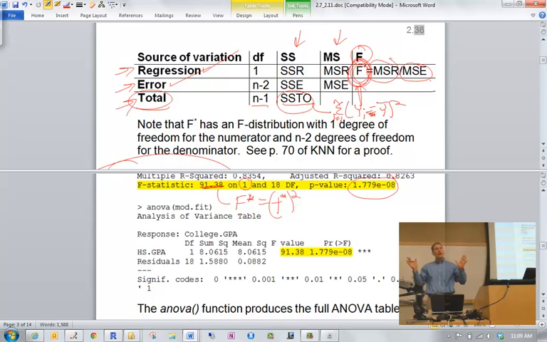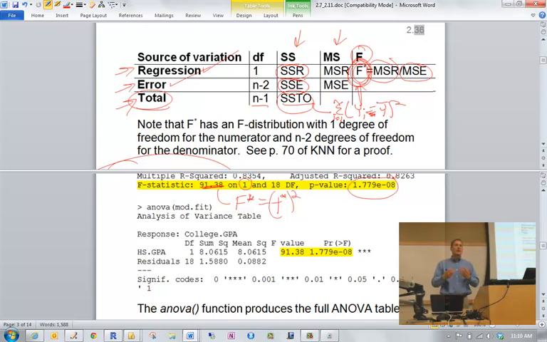And then what we did was we partitioned it into 2 different components resulting from regression. The sums of squares due to regression, SSR, meaning the part of SSTO that I can now account for from doing my regression model, if I add that to SSE, the sum of squared errors, the sums of squares that are left over from doing the regression, SSR plus SSE is equal to SSTO.